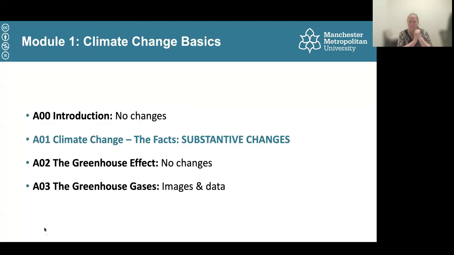Next slide, please. So I'm now going to go very, very quickly. These slides will be shared with you afterwards, so they'll be there as a resource. This is a whistle-stop tour of where the big changes are by module. In module 1, climate change basics, there are substantive changes to the climate change facts discussion activity. Next slide, please.